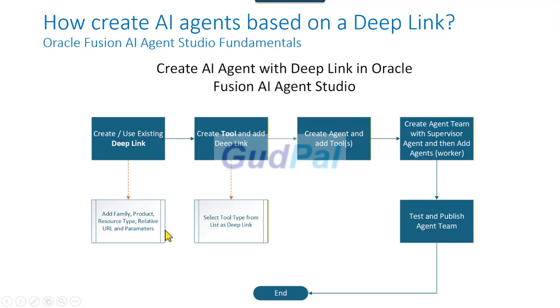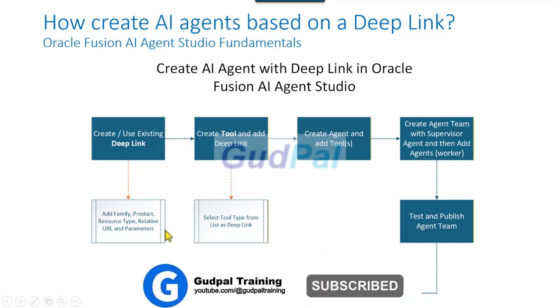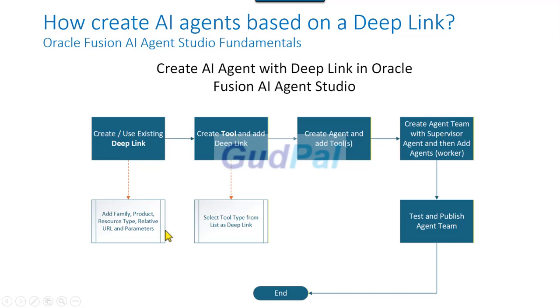As an example, it could be a requisition URL, and you may want to see the status of the requisition, who created it, and whether it is approved or not, and so on.